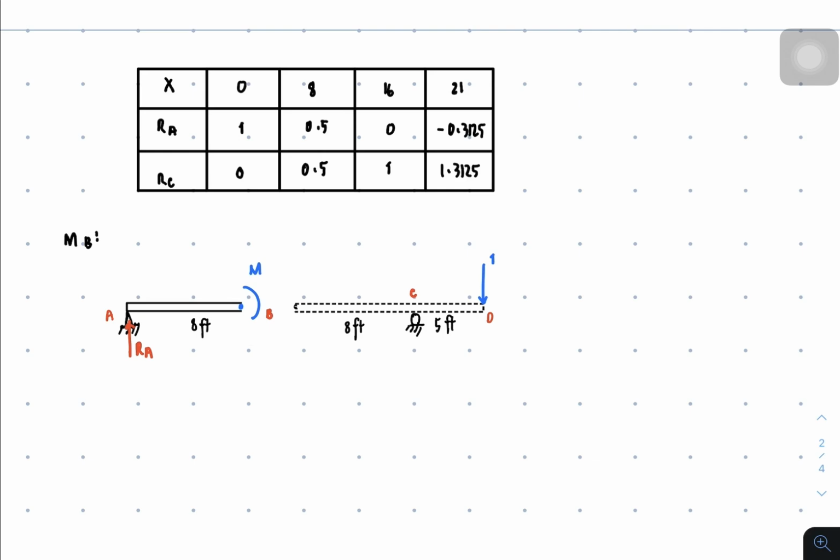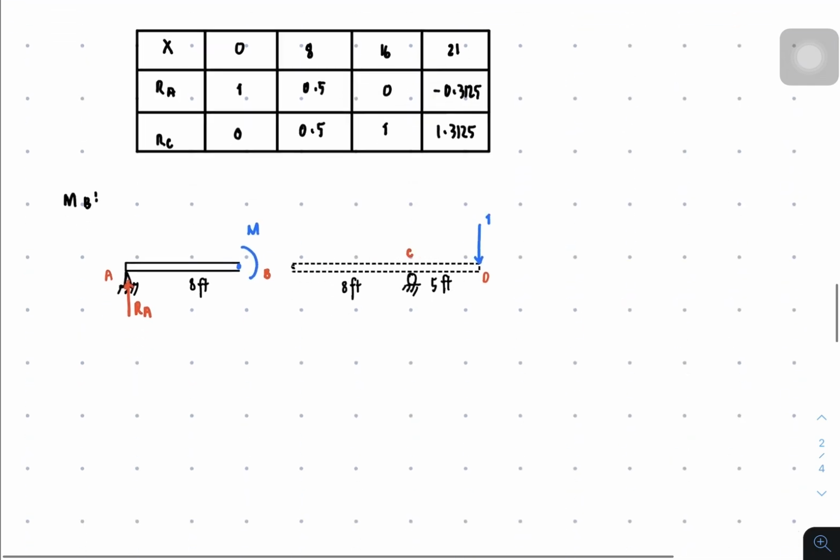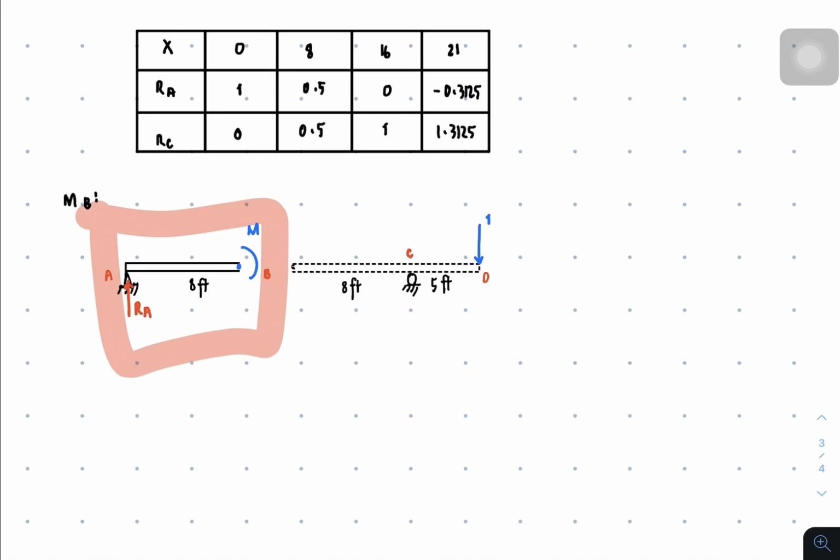Anyway, we're after the value of this M. So for M, we will be using this RA, because we will be considering this section.